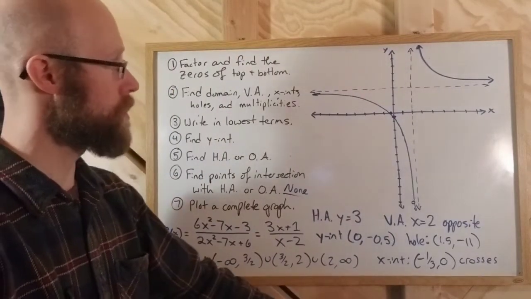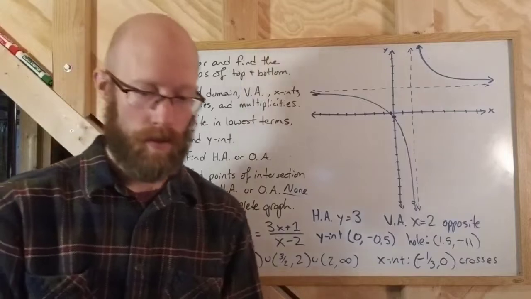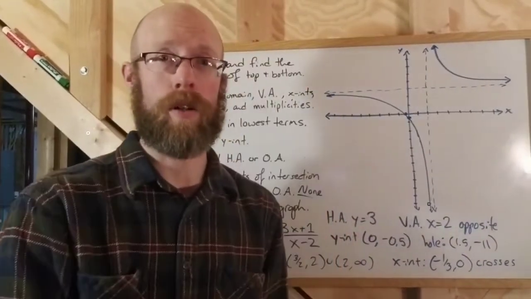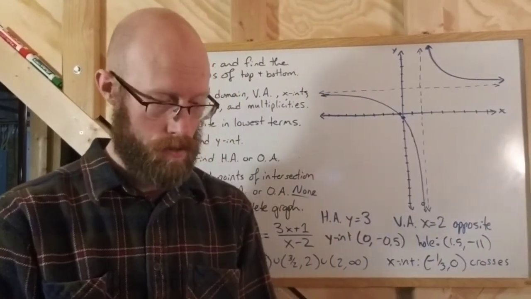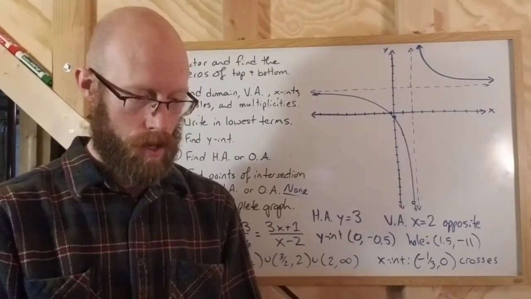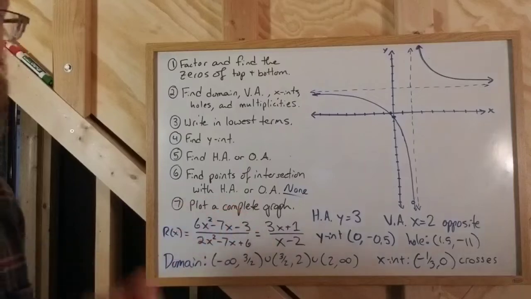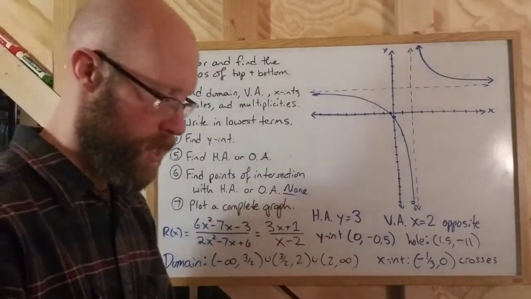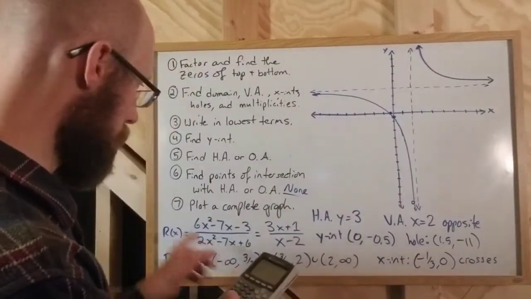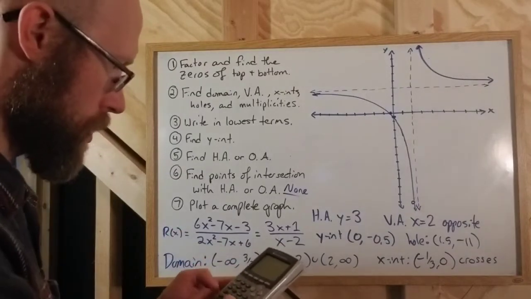That's all the details that I need, and of course, we could verify it on the graphing calculator just to make sure. So I'm going to go ahead and plot the original function just to make sure I didn't make any mistakes along the way. Again, putting the numerator in parentheses.